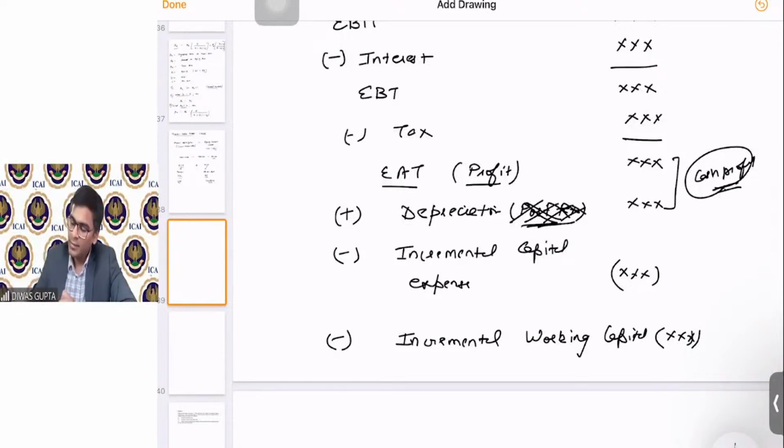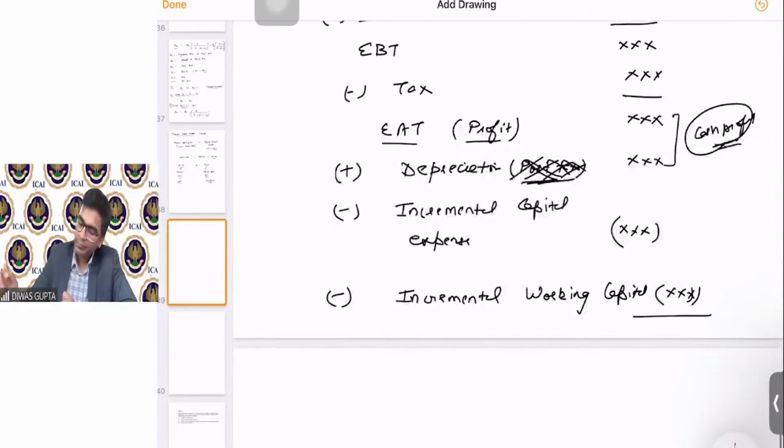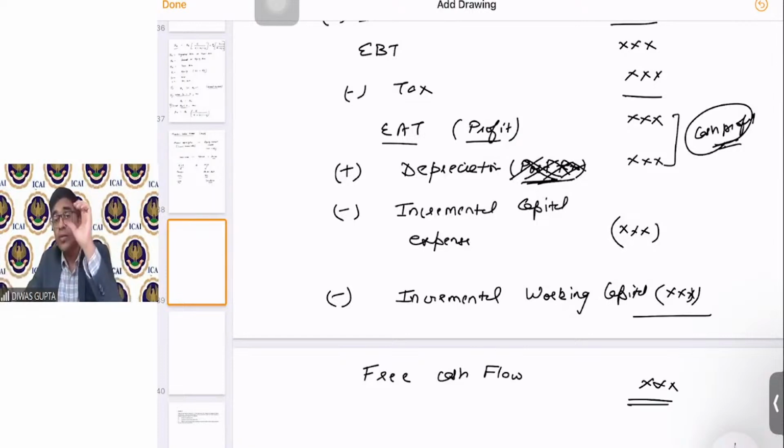So hence, at an overall level, whatever you will arrive at will be called as free cash flow. Free cash flow here will mean that whatever you earned out of the business in the form of cash, from that you reduce whatever is your incremental capital expenditure requirements and whatever is your incremental working capital requirements.